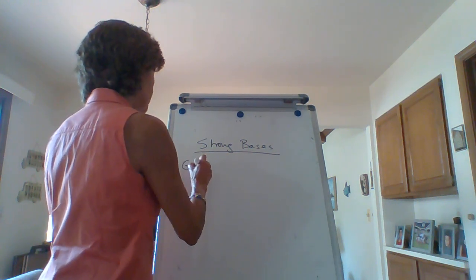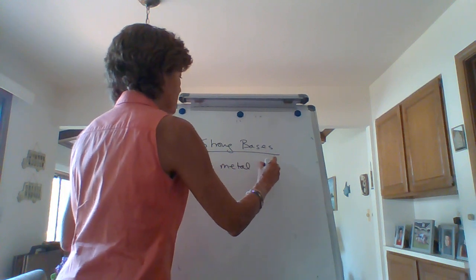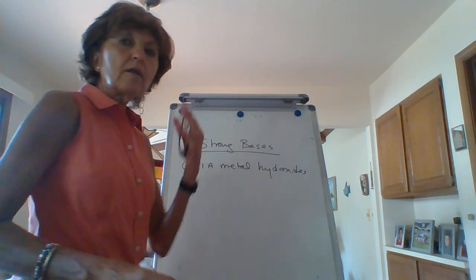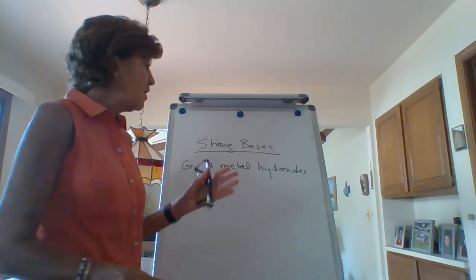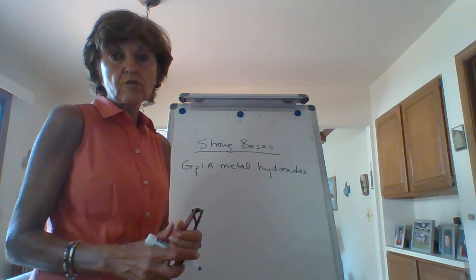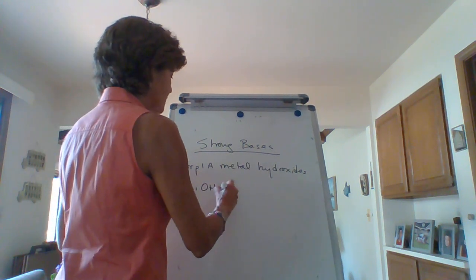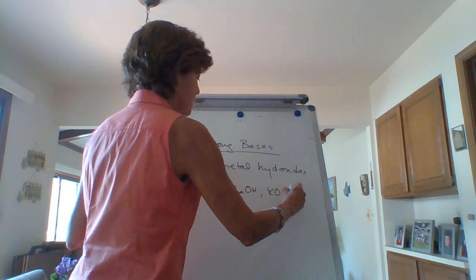Group 1A metal hydroxides. So any metal in group 1A, lithium, sodium, potassium, rubidium, all of those with a hydroxide, that's considered a strong base. So lithium hydroxide, sodium hydroxide, potassium hydroxide, etc., etc.